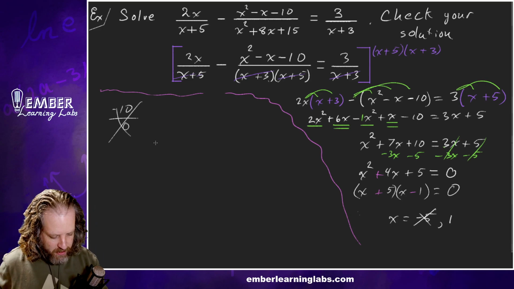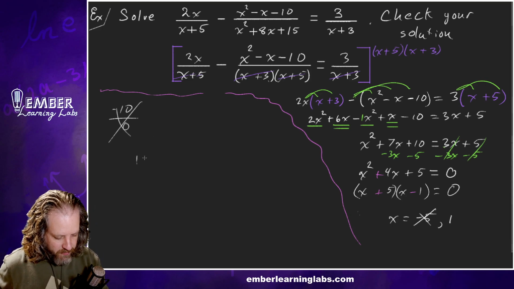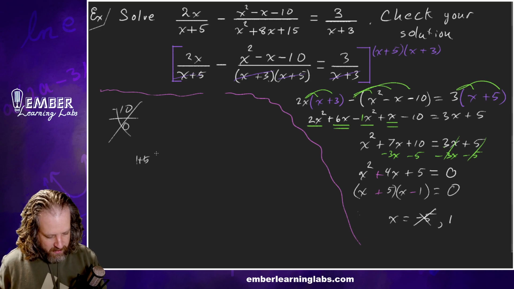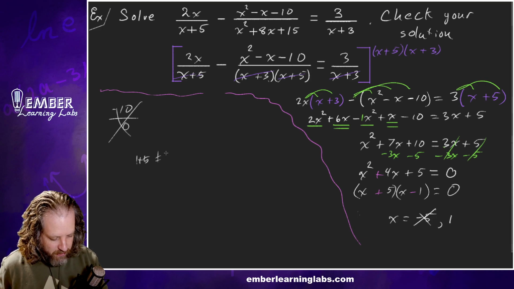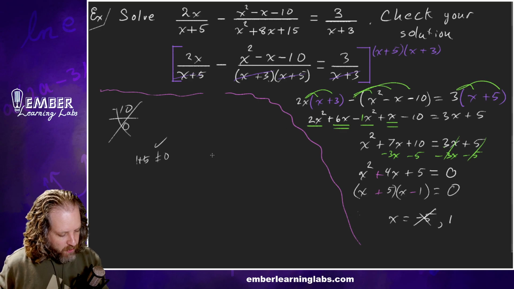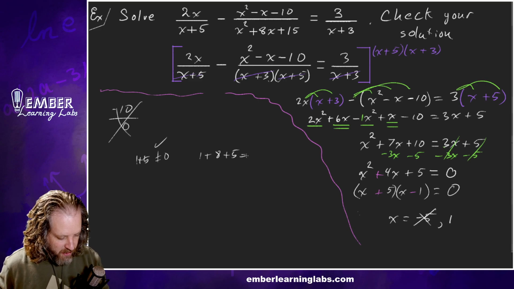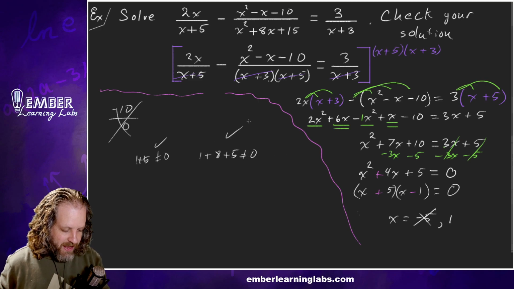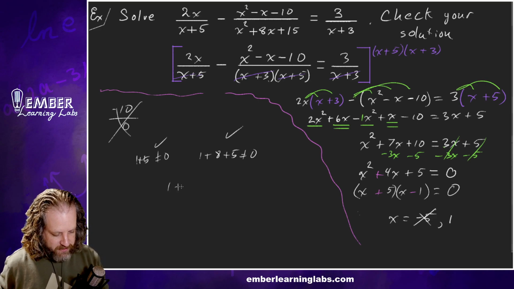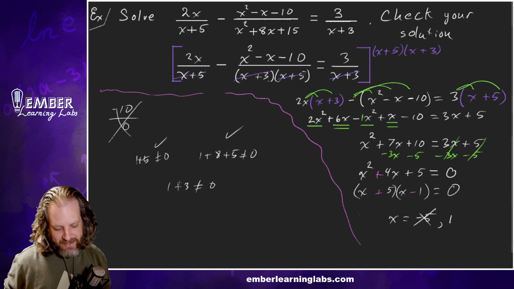So if we put a 1 in here, 1 plus 5 is not 0, right? So that works. If I put a 1 in here, I've got 1 squared, which is 1, plus 8 times 1, which is 8, plus 15, which is also not 0. So it works. And then 1 plus 3 is not 0 because that's 4. And so it all works.